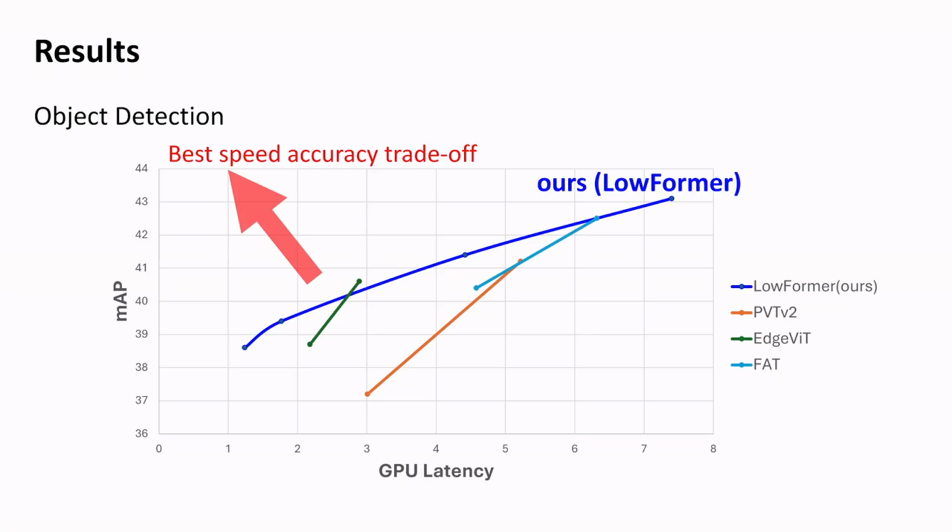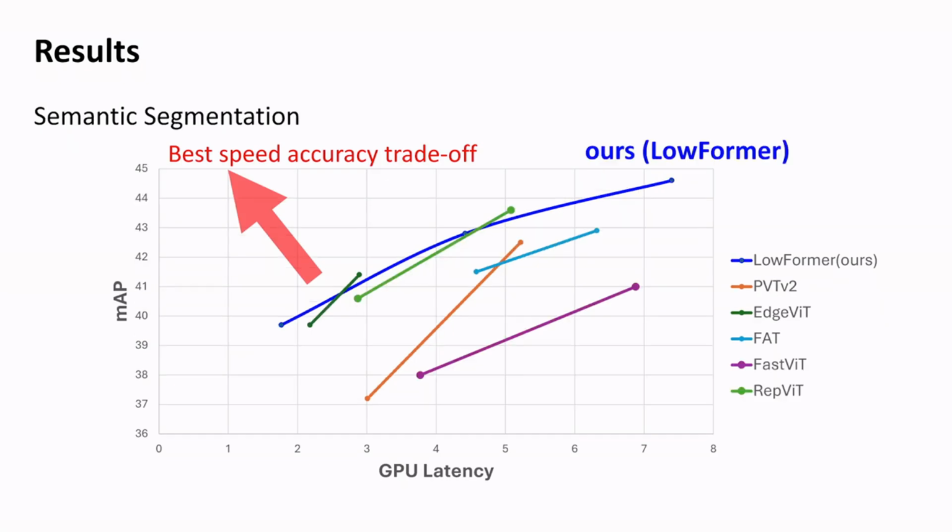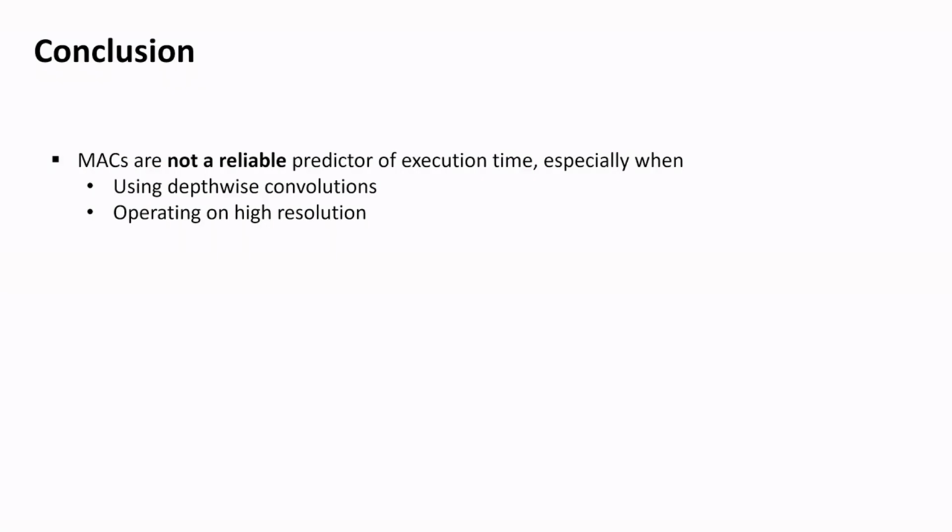When employing LowFormer as backbone in an object detection model, it achieves high efficiency paired with high accuracy. The same holds true when LowFormer is implemented in a semantic segmentation model. In summary, MACs are not a reliable predictor of execution time.